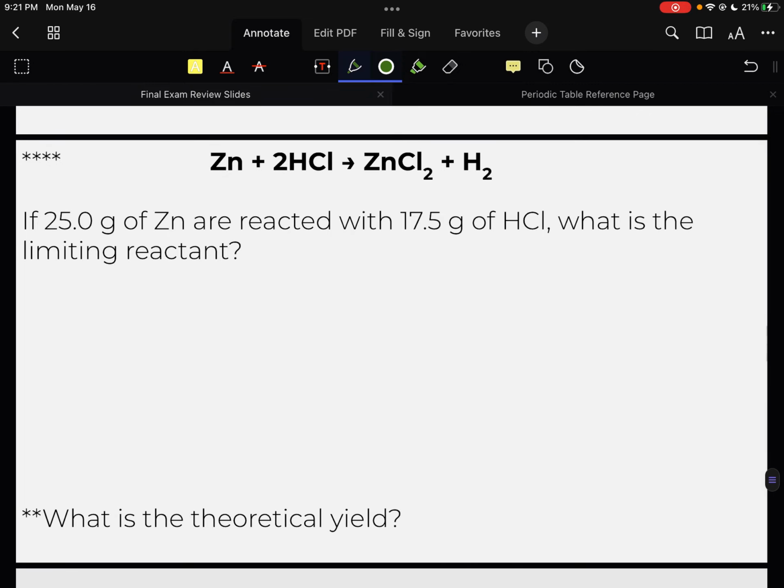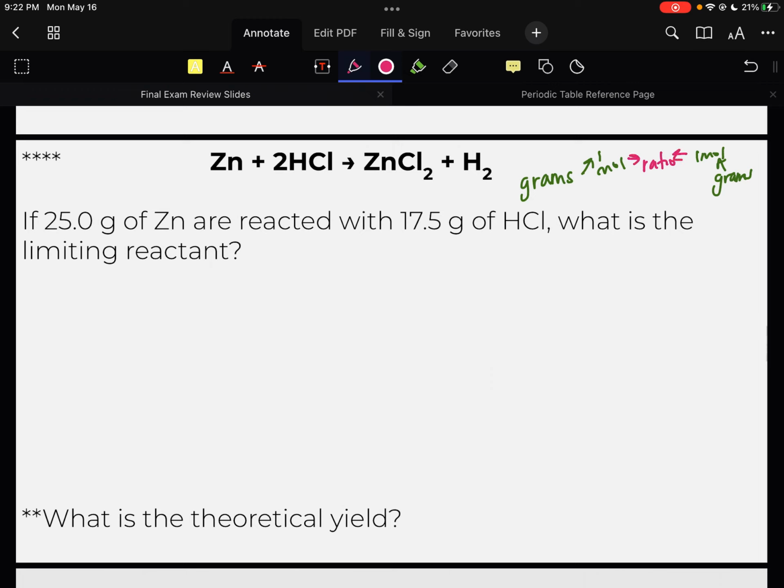All right, this is starting with stoichiometry. Remember where we're going to use our mole ratio. So we still have grams to 1 mole, okay, and grams to 1 mole. But in the middle here, we have our ratio.